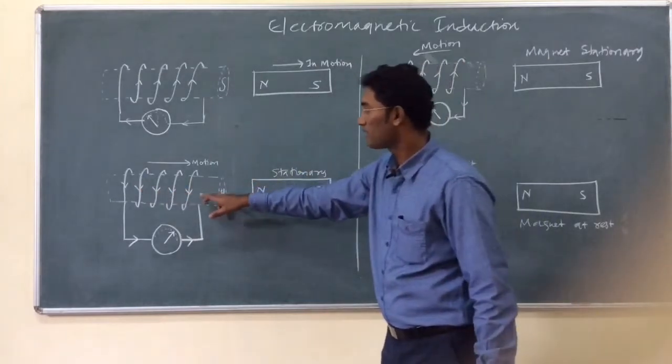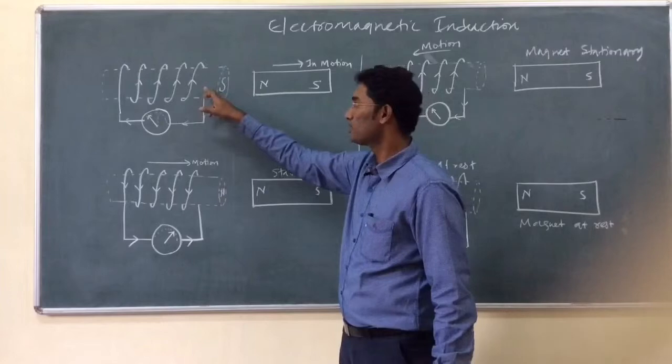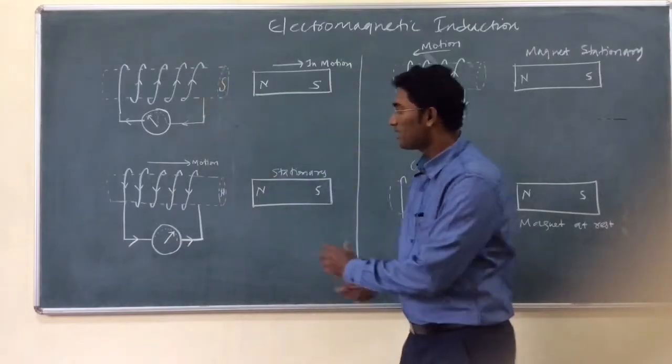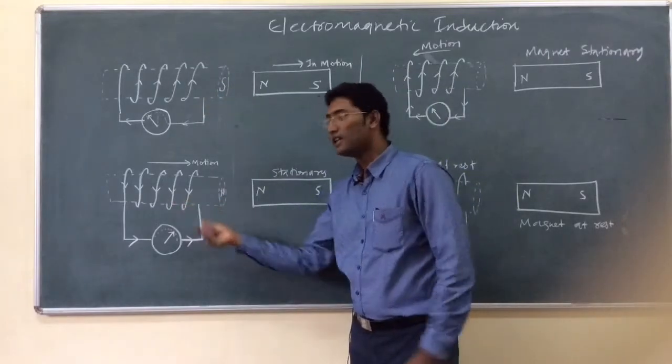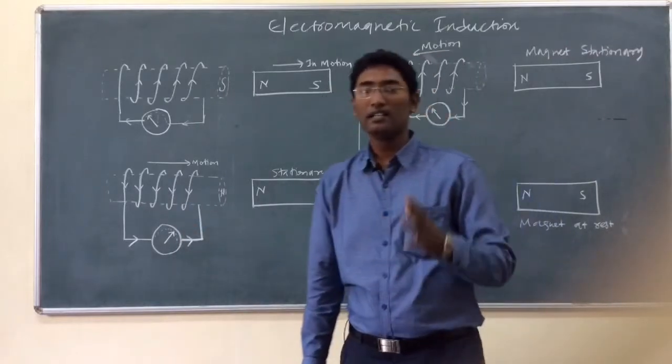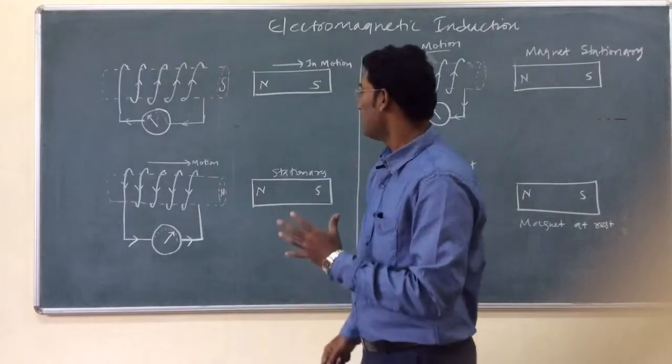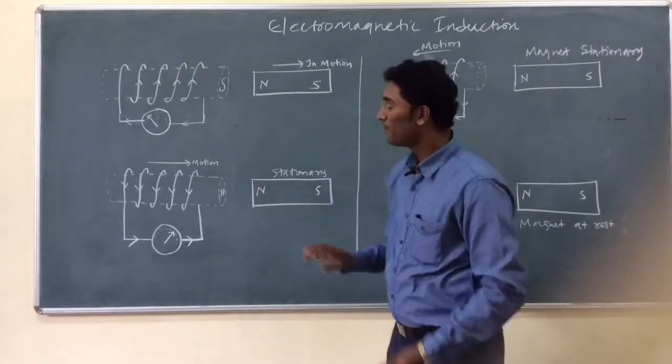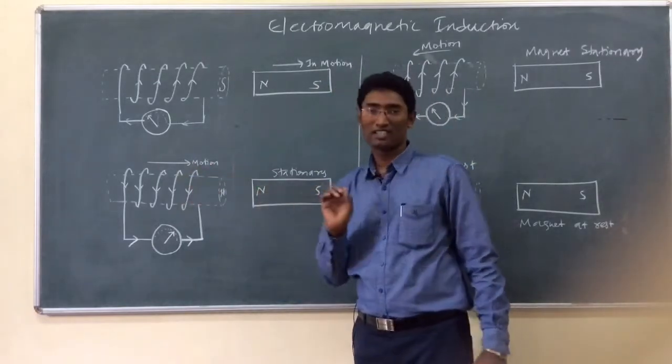So the direction of current in this coil is exactly opposite of this coil, and once again, as long as that coil was moving, there was a deflection in the galvanometer, because the magnetic field associated with the coil was changing.